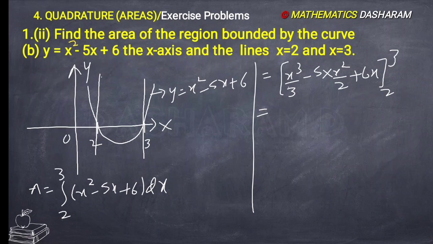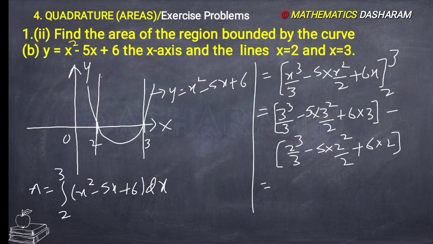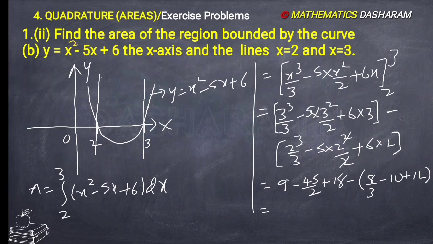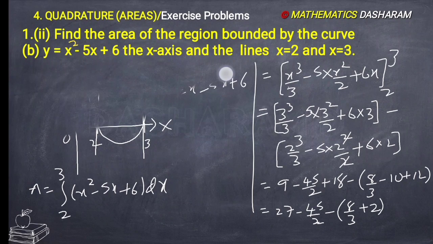Now substitute the limits. 3 cube 27, 27 by 3 is 9, and 3 square 9, 9 fives are 45 by 2, 6 threes are 18, minus 2 cube 8, 8 by 3, minus 5 twos are 10, 6 twos are 12. So 9 plus 18 is 27 minus 45 by 2 minus 8 by 3 minus 10 plus 12 is plus 2. Now let's take the LCM.